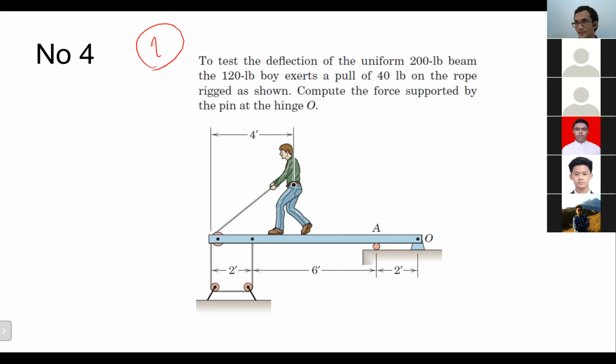So there is no option. For problem number 1, the first problem that we discussed today, there are several free body diagram options that can be used. But for this one, it's only one free body diagram.